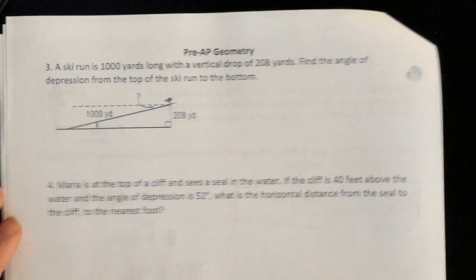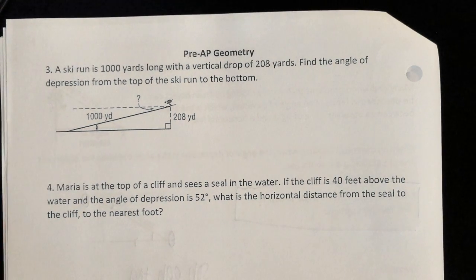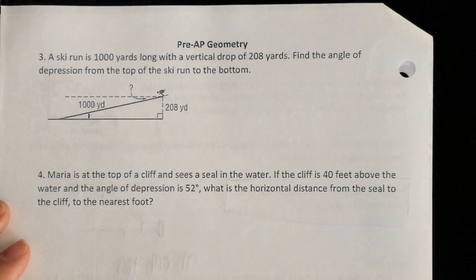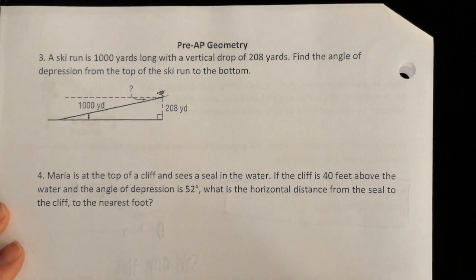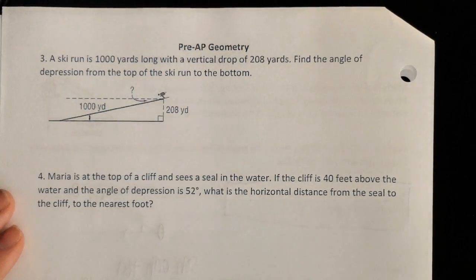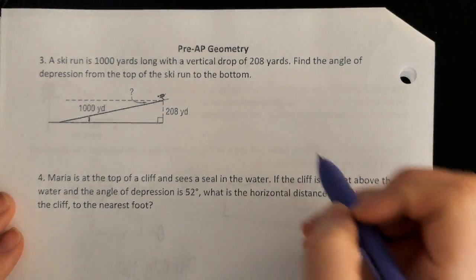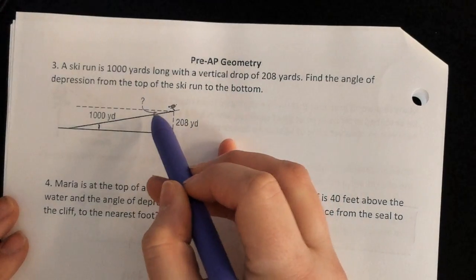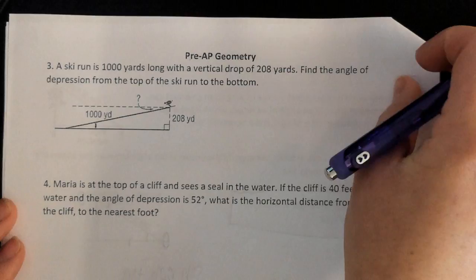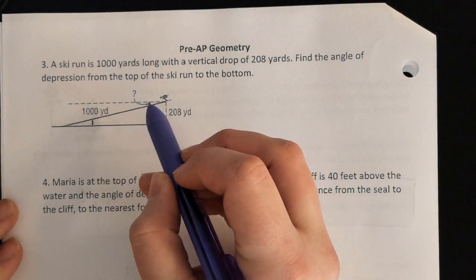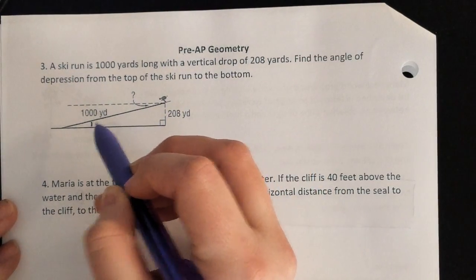Alright guys, let's go over number 3 and 4. And then we'll go over number 5. 5 is fun. Okay, so all eyes up here, let's go over number 3. So remember, it wanted you to find this angle, but we can't find that angle because it's not part of the triangle. But we can find this one.